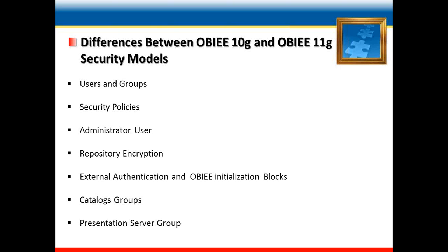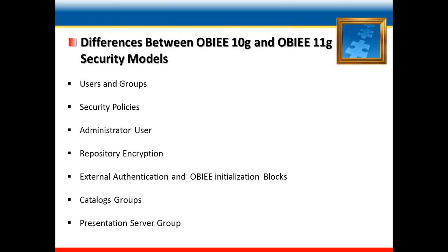And the fourth one is the repository encryption. For OBIEE 10G, it should be available on sensitive elements only, that is, we can say user passwords and connection pool passwords.